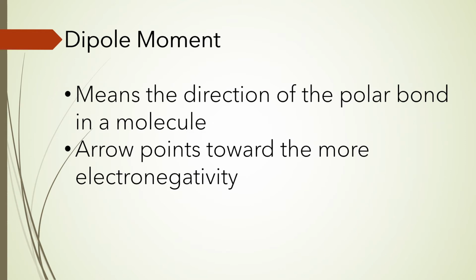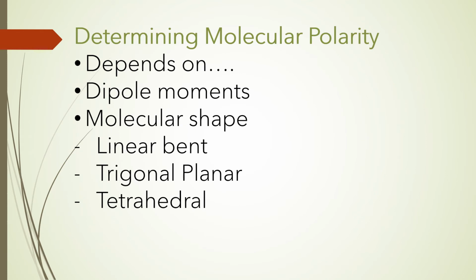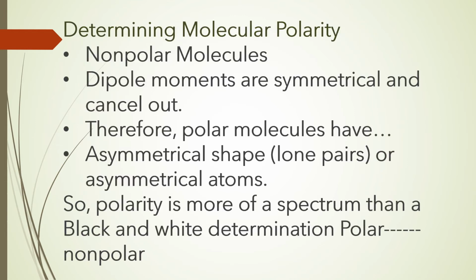So, it means the direction of the polar bond in a molecule, or the arrow points toward the more electronegative atom. Okay. So how are you going to determine molecular polarity? It depends on the dipole moments and on molecular shape: linear, bent, trigonal planar, and tetrahedral.